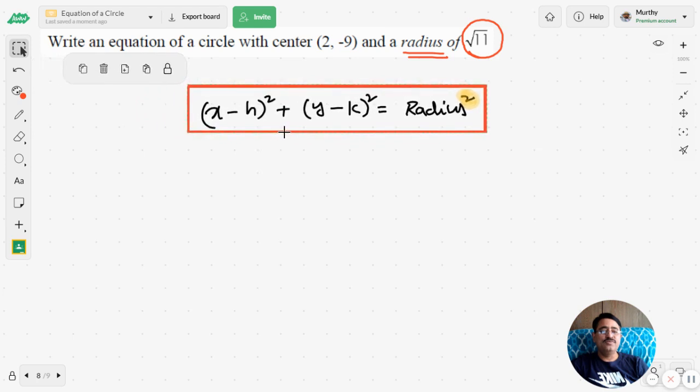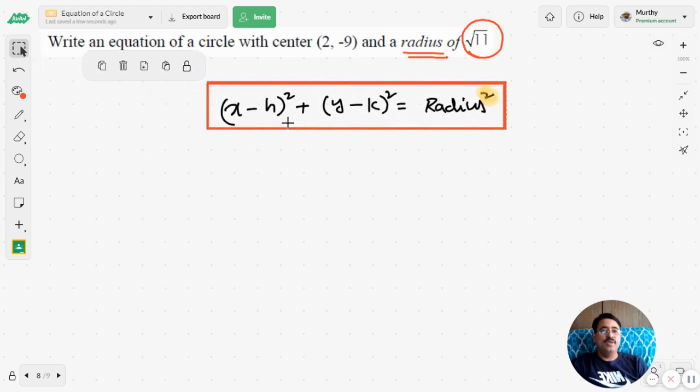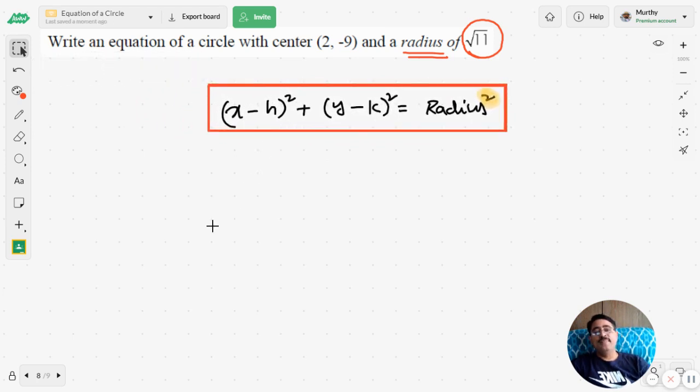The first example model. Here, let me identify the values. This is h, this is k. So the value of h goes here and the value of k goes here and the radius goes here. Just plug in the values.